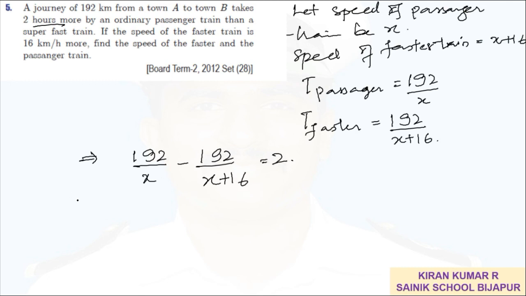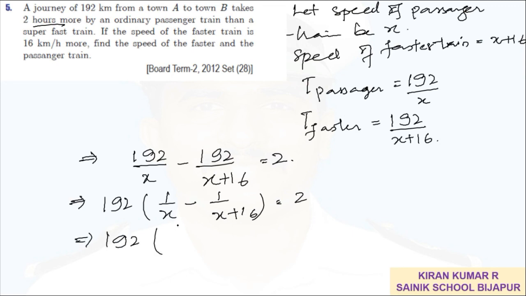Taking the common factor, I'll get 192 times (1 by x minus 1 by (x plus 16)) equal to 2. So 192 multiplied by ((x plus 16) minus x) by x times (x plus 16), which is equal to 2.